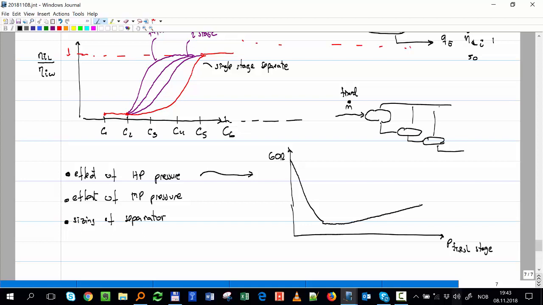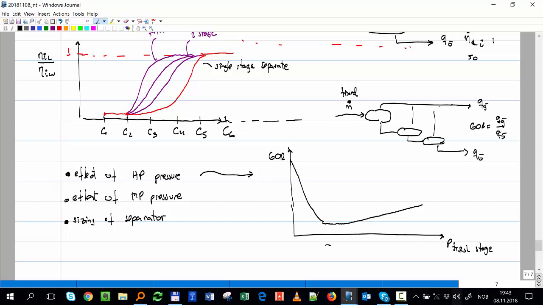That's the GOR, that's the Q gas and that's the Q oil, and the GOR is Q gas divided by Q oil. Remember, I'm keeping the mass flow fixed. It's always coming in the same to the separator, but I'm just changing that pressure to see how it changes.